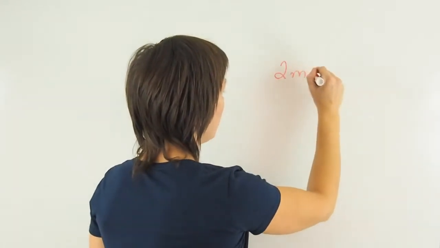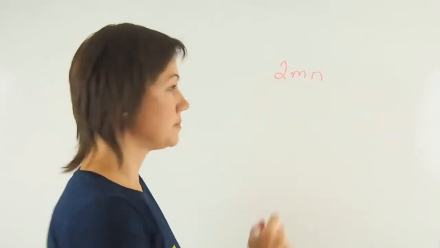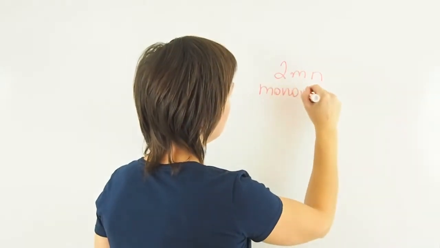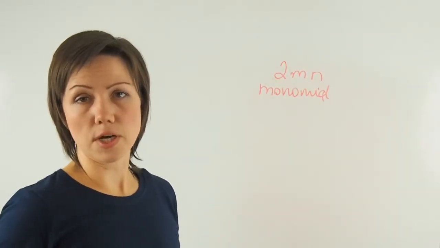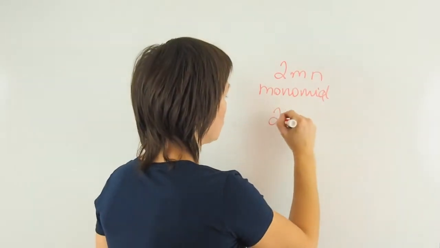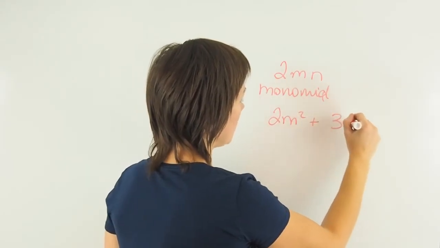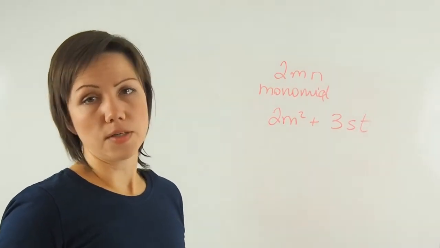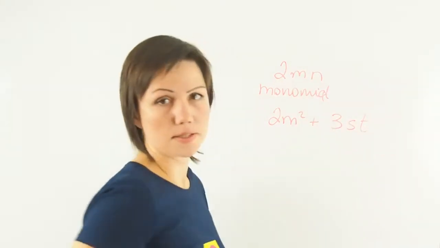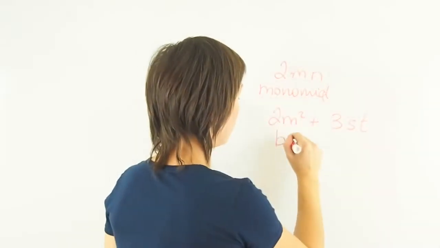An expression that contains only one set of variables and a coefficient not separated by plus or minus is called a monomial. So 2mn is a monomial. Now, if I have two of these added or subtracted from each other, for example, 2m squared plus 3st, this is now called a binomial because I have two monomials added together. So binomial.